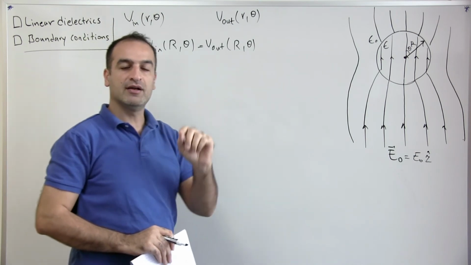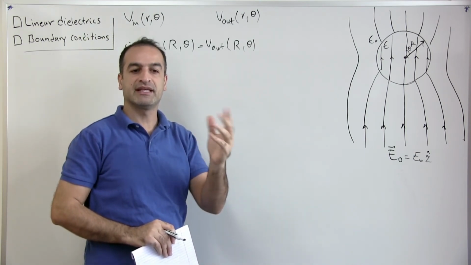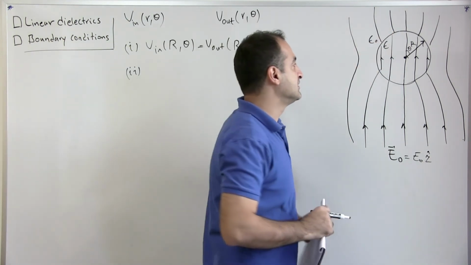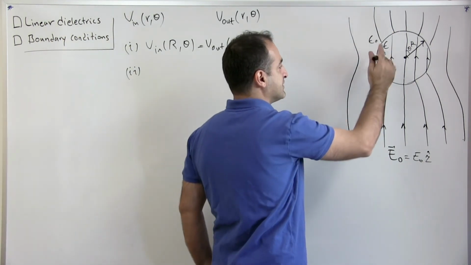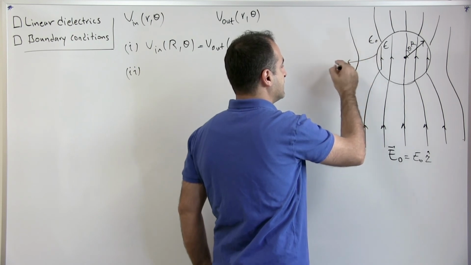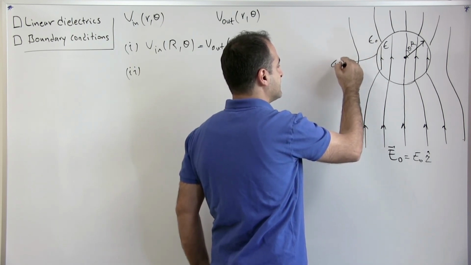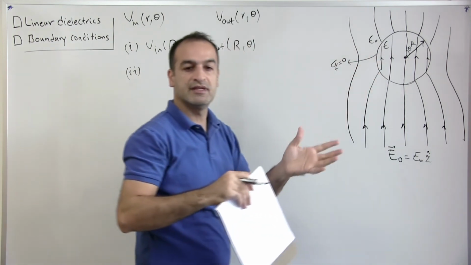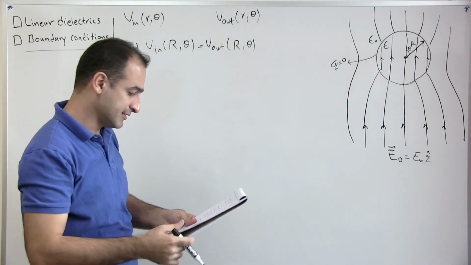So the normal component of the electric field can be discontinuous, even though there is no free charge, there is no sigma f on the surface here. So I mentioned that here, sigma f is basically 0. But because of the two levels of permittivity, we can have discontinuity of the electric field.